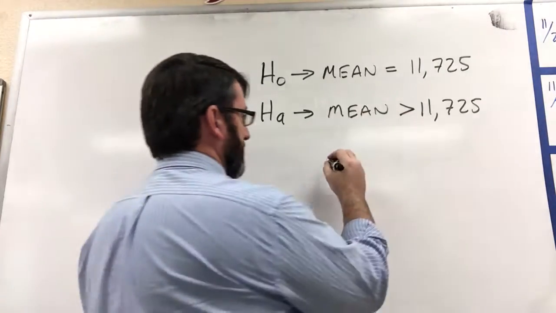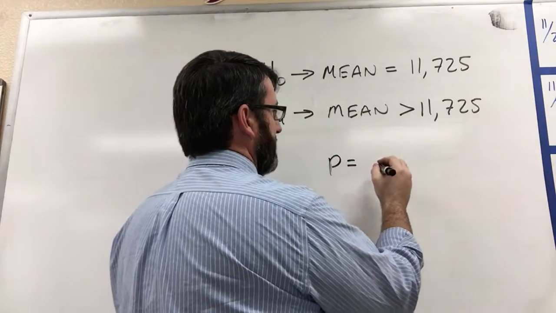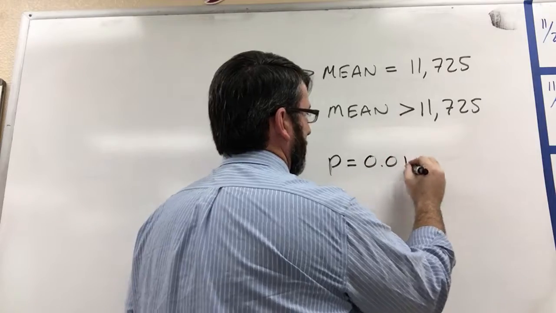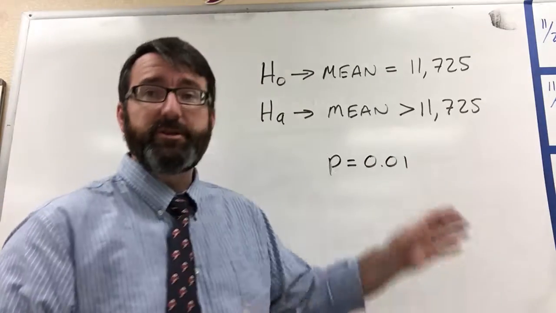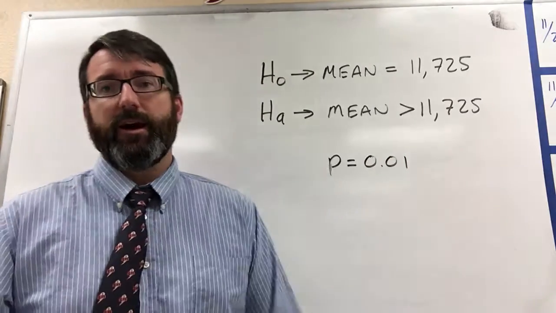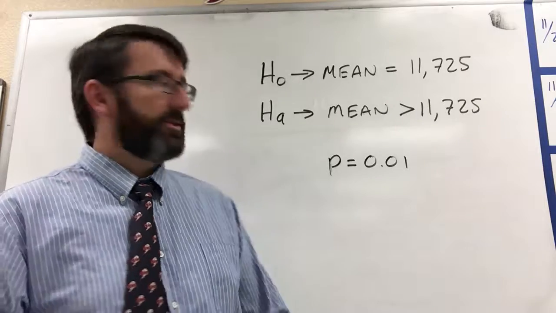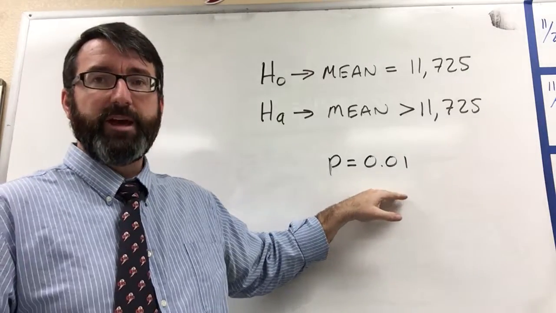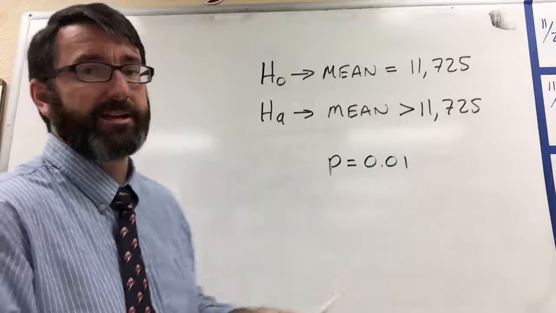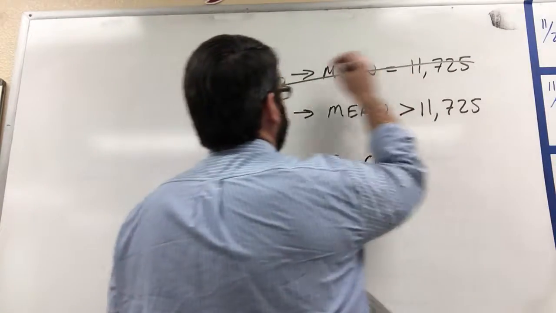So our p-value, in other words, is 0.01, which you can see is less than 0.05. So this p-value is low enough that we're going to go ahead and reject this null hypothesis.